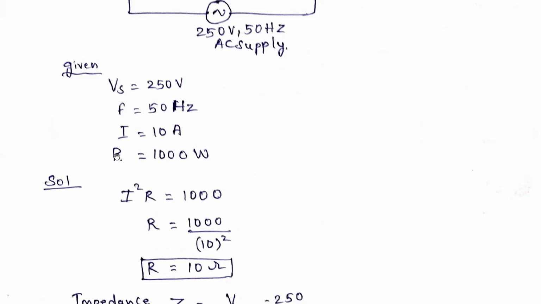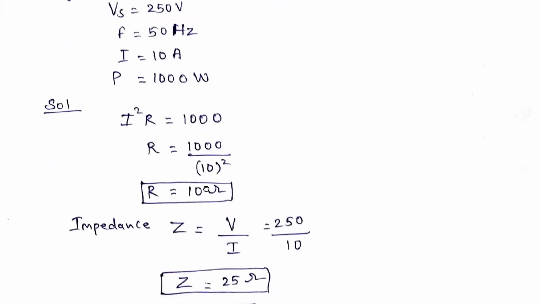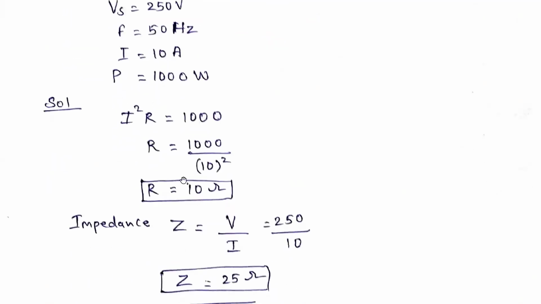But here we need to find out R and I is given, so we go for I squared R. I squared R is equal to 1000 watts. So R is equal to 1000 divided by I squared. I is 10, so 10 squared. Simplifying this, we get R as 10 ohms.